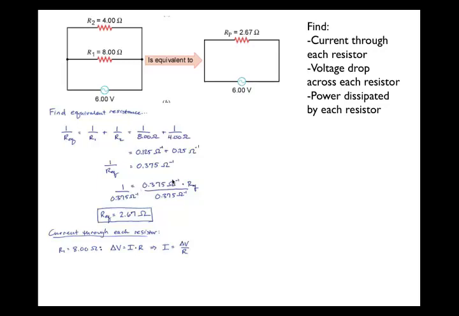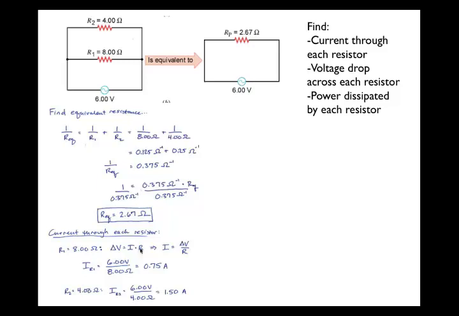If I have a potential difference of 6 volts across each of these resistors, I take the 6 volts divided by the 8 ohms of resistance and find that 0.75 amps of current goes through the 8 ohm resistor. Do the same kind of thing for the 4 ohm resistor, and we find that there's 1.5 amps of current that goes through resistor 2.